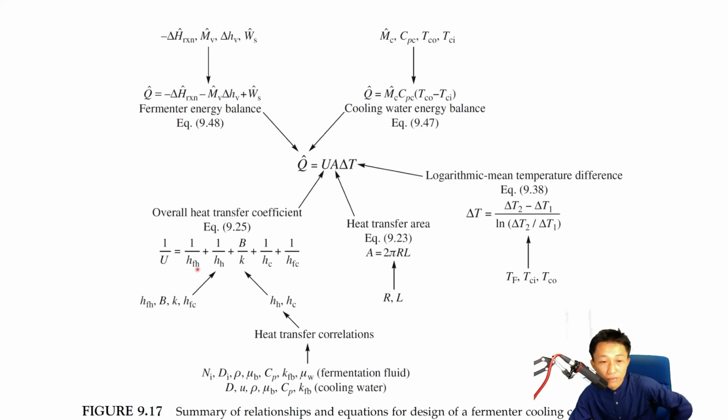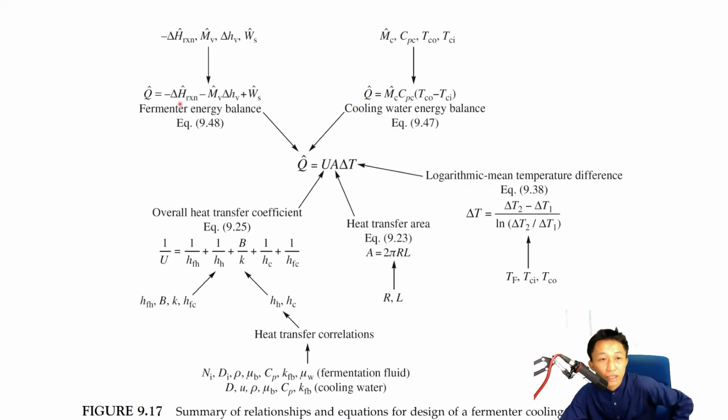This one is the fouling factor, for example, and we put in U, the overall heat transfer coefficient. This is area, L and R, for example. The delta T sometimes is from the logarithmic mean, called the logarithmic mean temperature difference. This is heat for the cold side, this is heat for the hot side. Okay, m Cp delta T again.